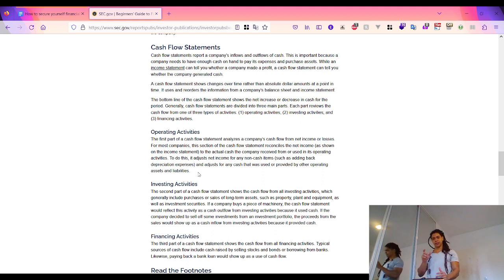Another prepaid expense is rent, marketing, office supplies, software license, or maintenance contract.